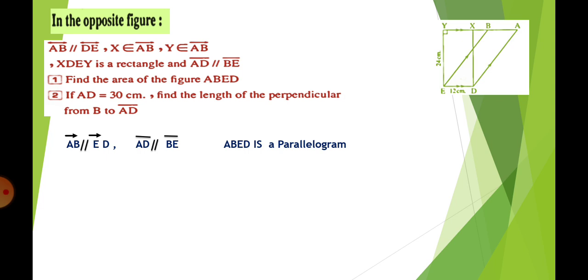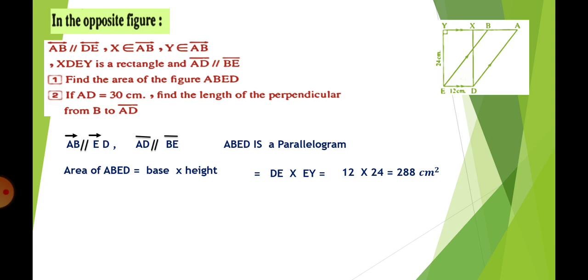Since AB is parallel to ED and AD is parallel to BE, then ABED is a quadrilateral in which two opposite sides are parallel. Then ABED is a parallelogram. Area of a parallelogram equals base times height. This base is 12 and the height is 24. Then the area equals 12 times 24 equals 288 centimeters squared.